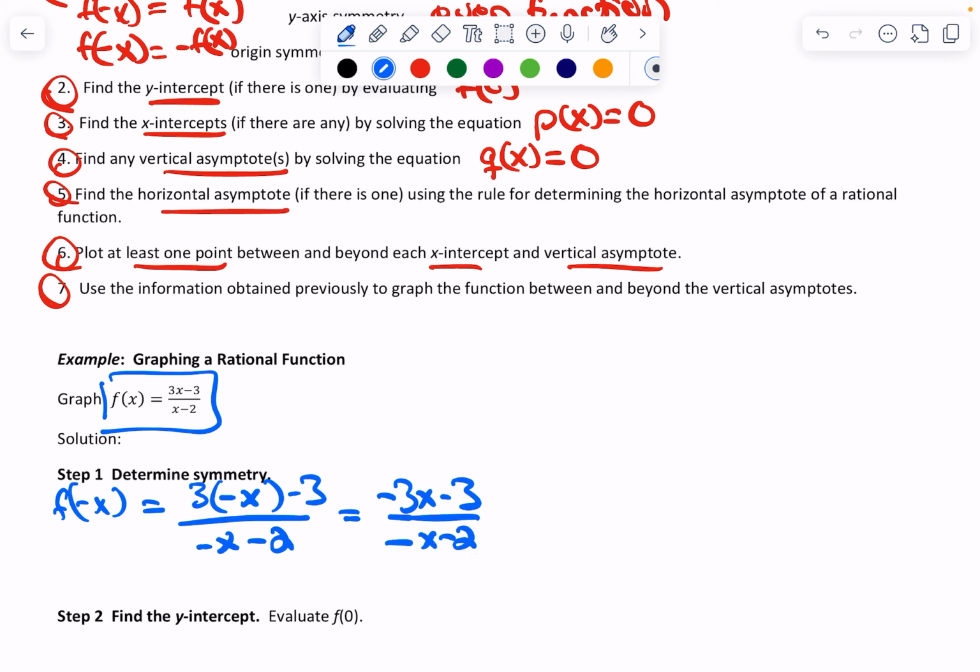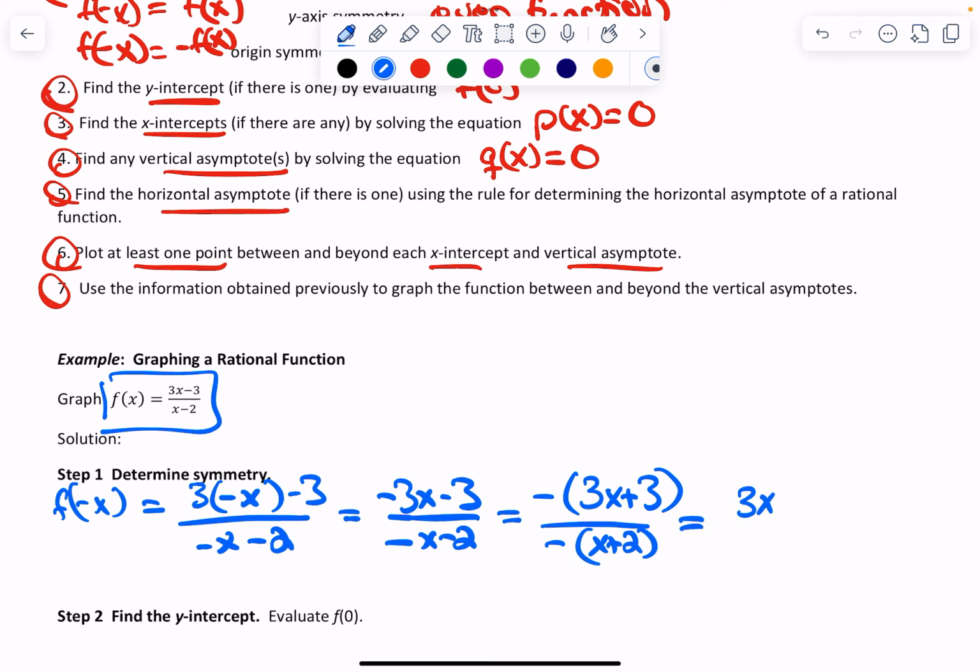So could we have some sort of symmetry? We can take the negative out, and we have 3x plus 3 on the numerator. We can take the negative out from the denominator as well, and we get x plus 2. The negative and negative cancel each other out because it is a division. So we get 3x plus 3 over x plus 2.